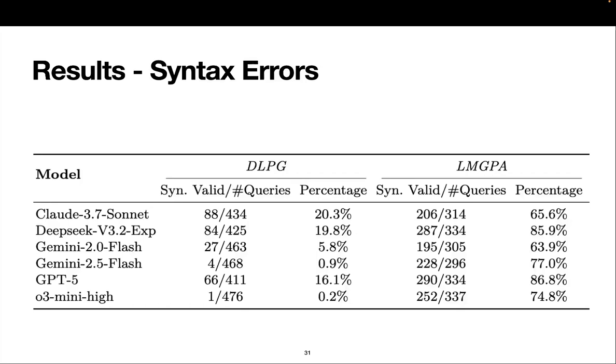In contrast, with LLM-GPA and our normalization strategy, syntactic validity is much higher. DeepSeek and GPT-5 reach more than 85%, and the lowest, Gemini 2.0 Flash, still reaches more than 60%.